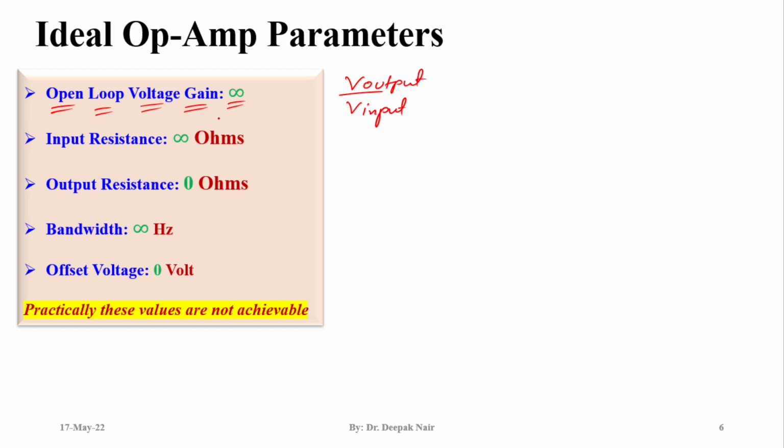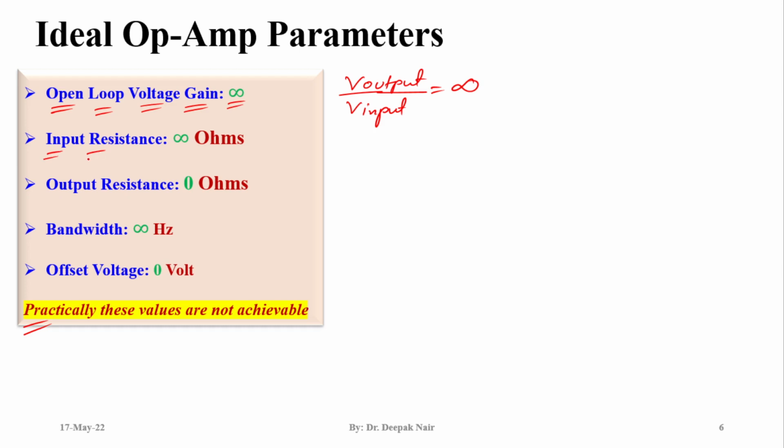So when we say the gain is infinity, that means even when you provide zero input voltage, you can get almost infinite output voltage. This is an ideal value, and this is not achieved in practical life. So theoretically, the open loop gain of an op-amp is infinity.